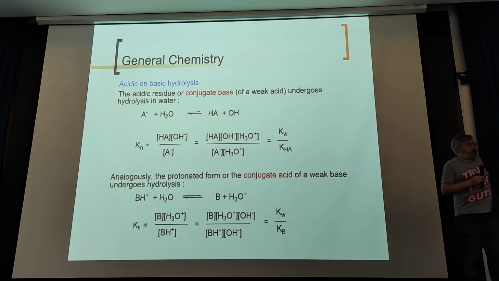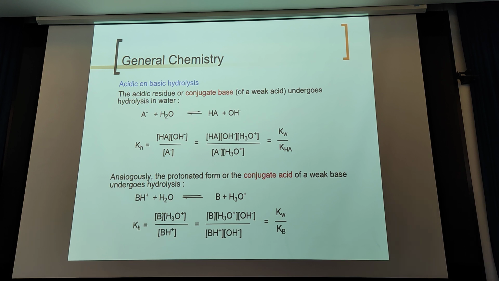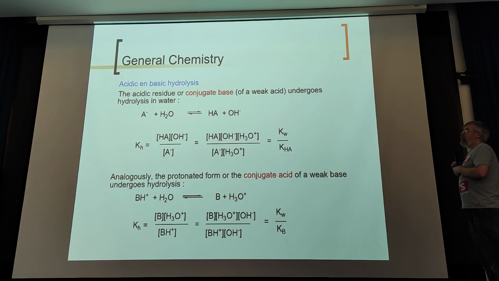If we have salts that are derived from weak acids and weak bases, we can look at the reverse reaction, which is called the hydrolysis reaction. This means we take up a proton or we add hydroxide. In the case of an anion, which is the residue of a weak acid, taking up a proton regenerates the weak acid HA, and you also get hydroxide.